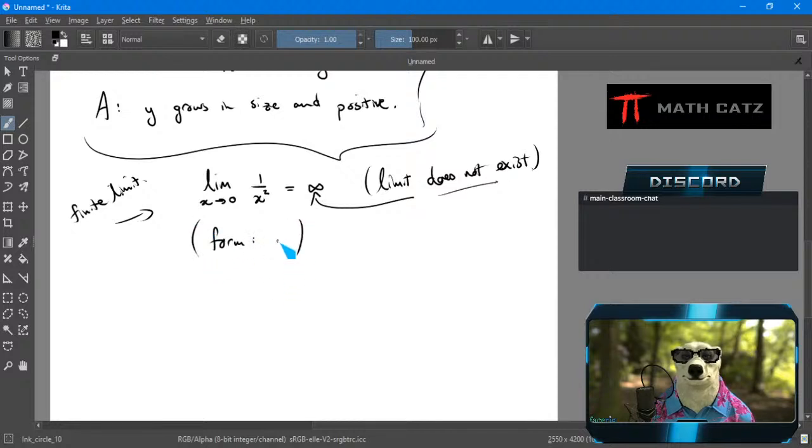I can always do that. Why not always then do it? Well, I have a constant at the top, 1 in this case, and my denominator, when I look at it in isolation, approaches 0.